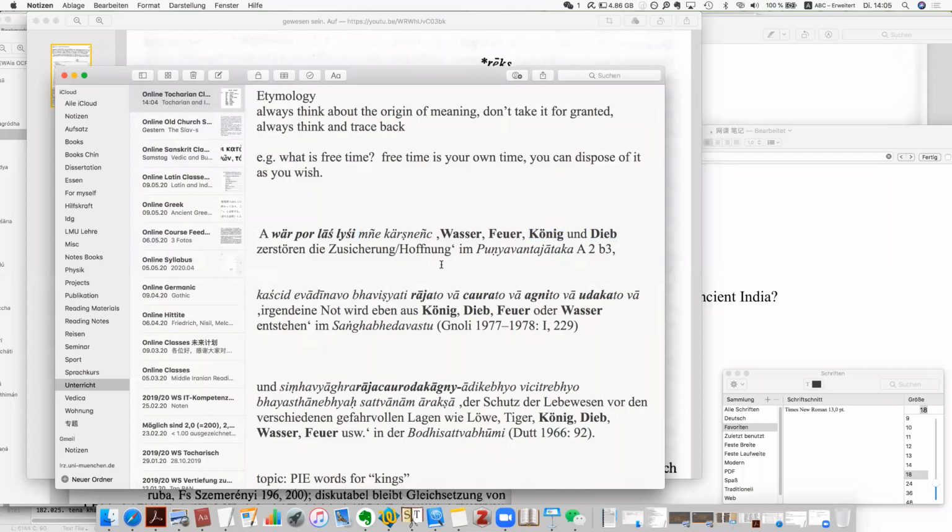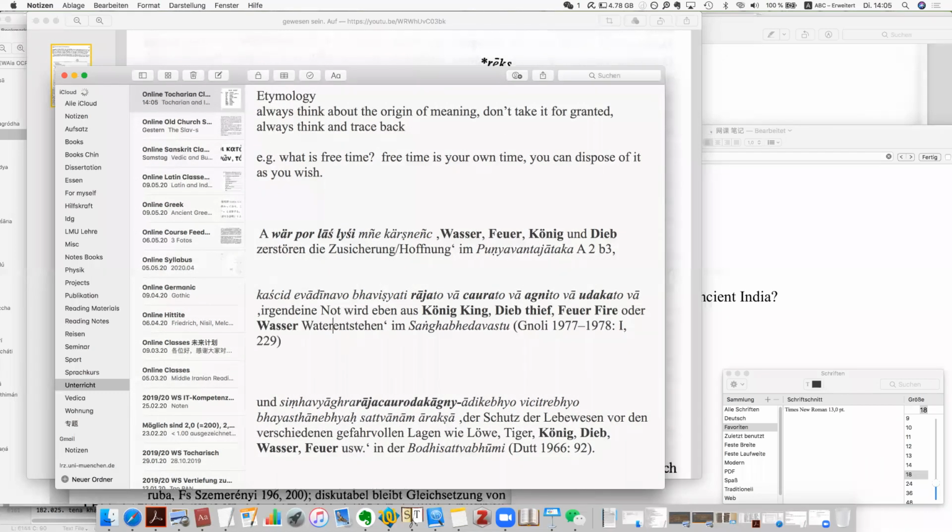So this is the four dangers in ancient India. King, thief, fire, and this is water. Yeah, this is four different dangers in ancient India.